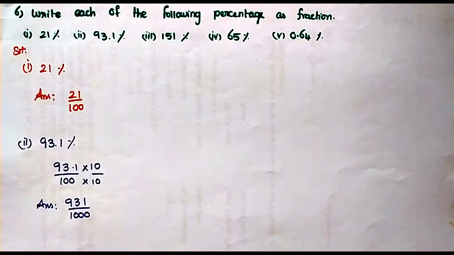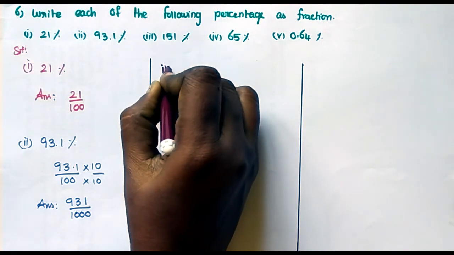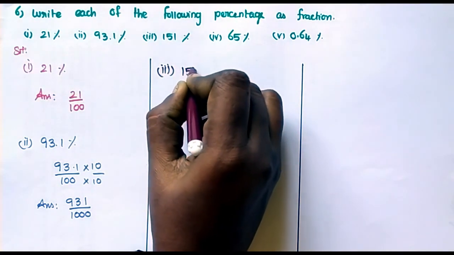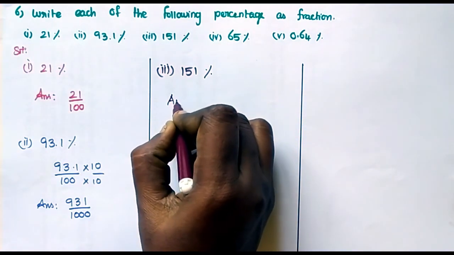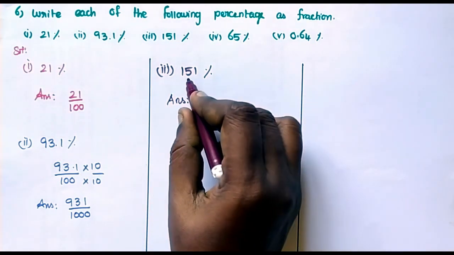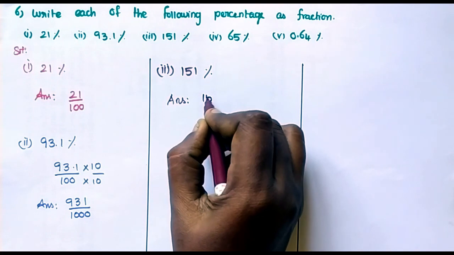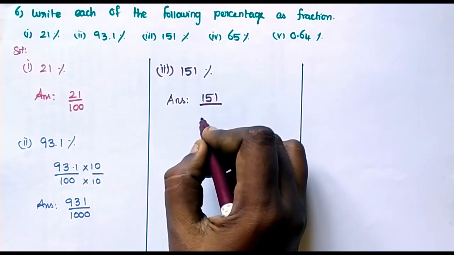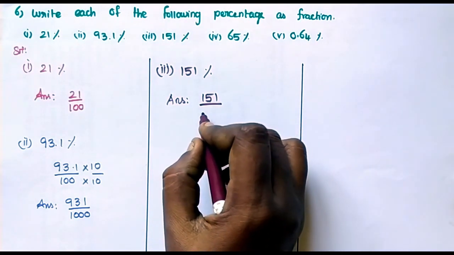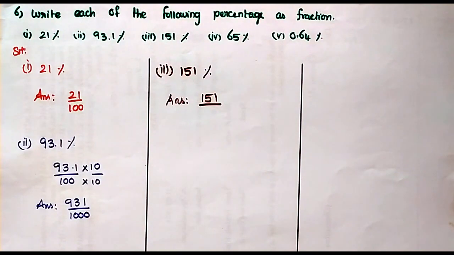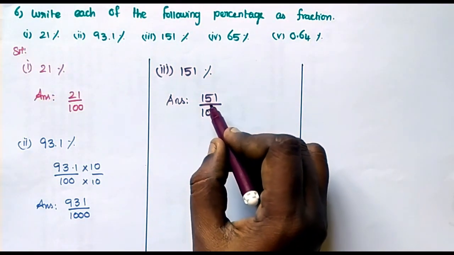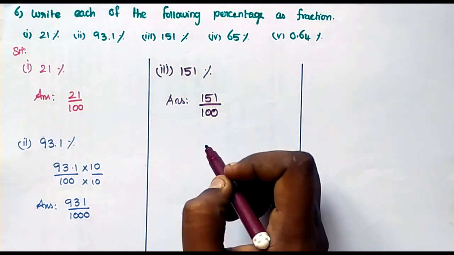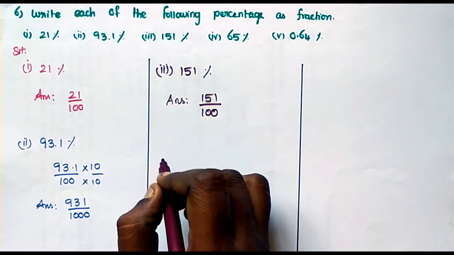Next one, third subdivision, 151 percentage. Answer: 151 out of 100. So 151 divided by 100, that is the fraction.